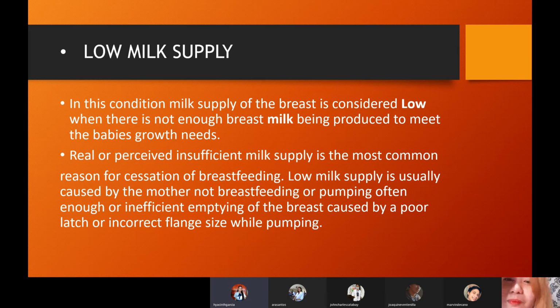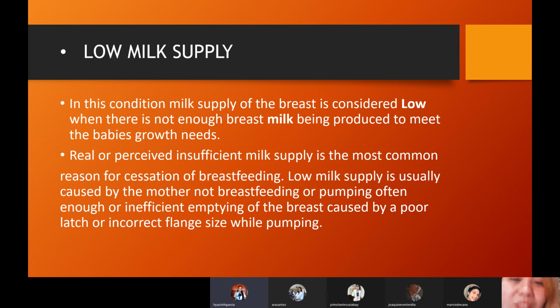Real or perceived insufficient milk supply is the most common reason for cessation of breastfeeding. Low milk supply is usually caused by the mother not breastfeeding or pumping often enough, or inefficient emptying of the breast caused by a poor latch or incorrect flange size while pumping.